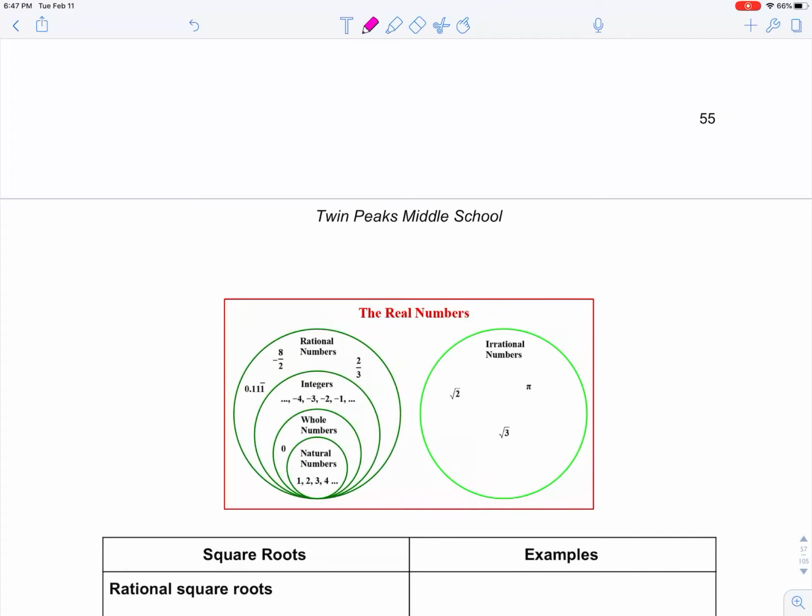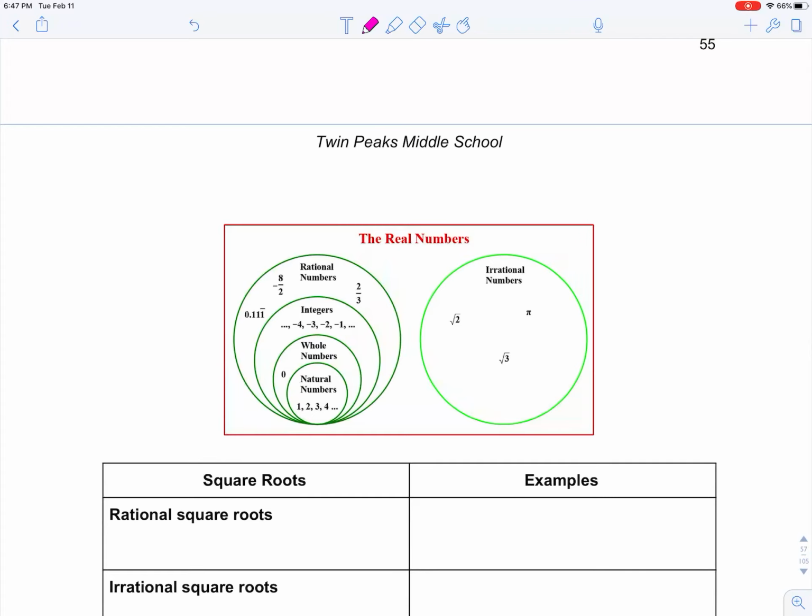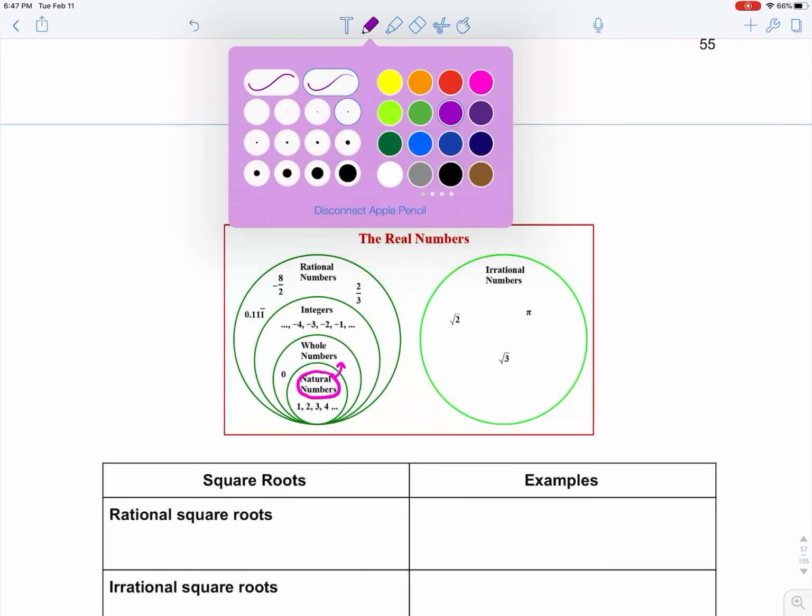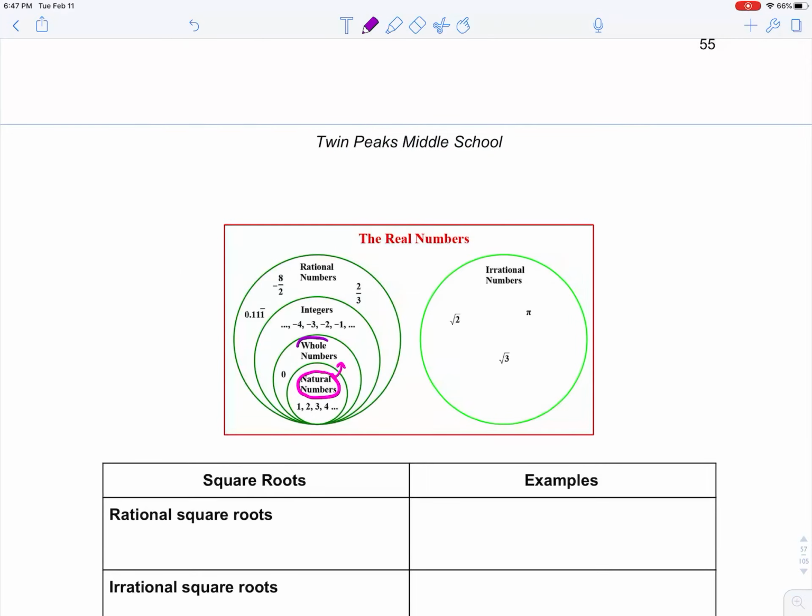You'll also notice that, let's take natural numbers for example. Natural numbers are considered whole numbers, but not all whole numbers are considered natural numbers. Interesting. You'll notice that whole numbers are considered integers, but not all integers are whole numbers.